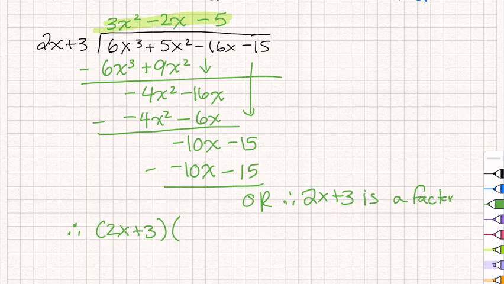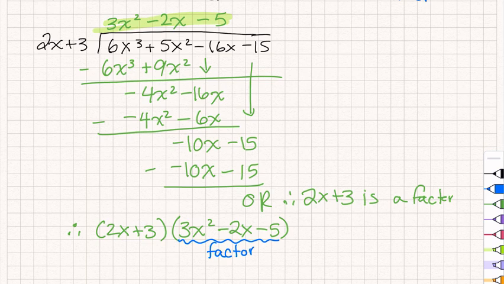Now, we can determine what the other factors are by using 3x squared minus 2x minus 5. What we're going to do, we're going to take this trinomial and we're going to factor it.